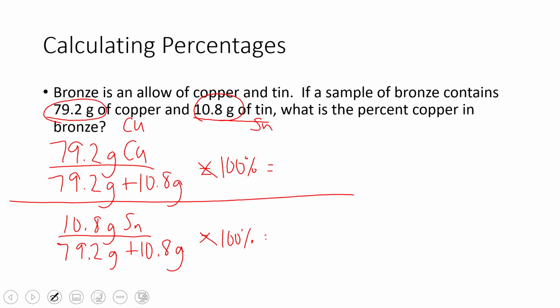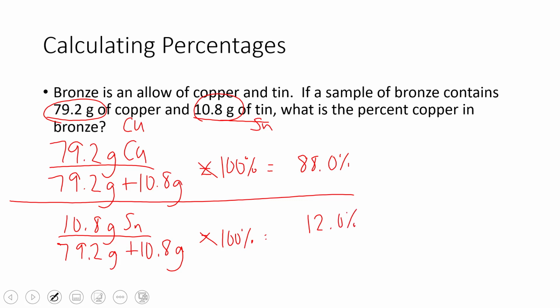So plug that into your calculator. And for copper, we should get 88.0% because we want 3 significant figures. And for tin, we should get 12.0%, again with significant figures.